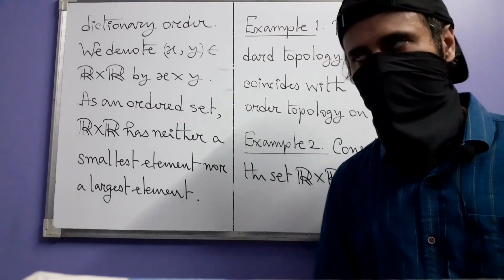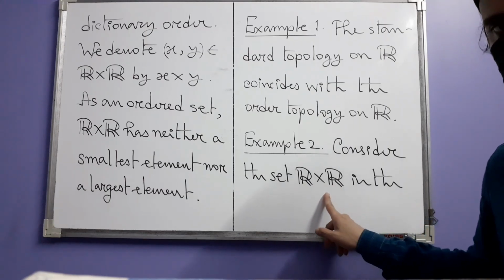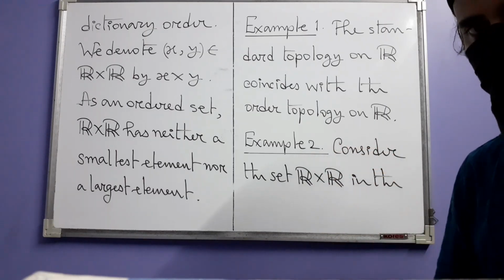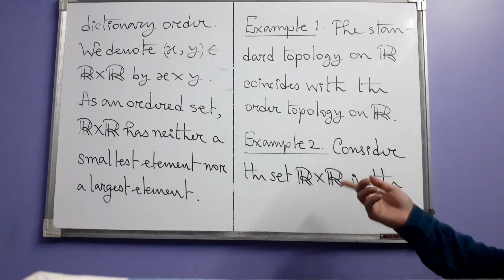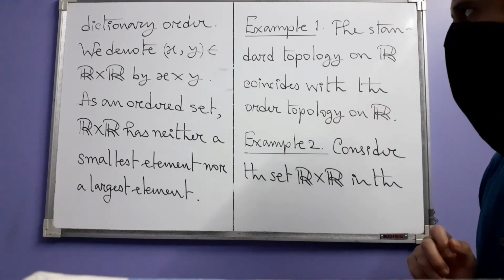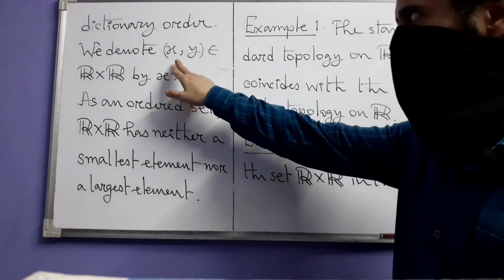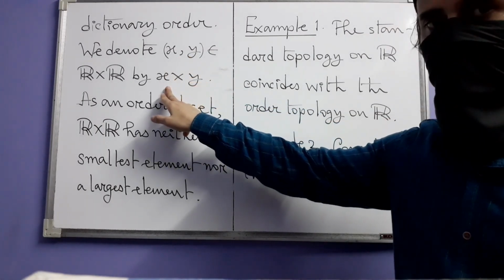In example 2, we consider the Cartesian product of R with itself, that means two copies of R, and we are considering this set with a dictionary order. That makes it an ordered set. Now before we say something else, let us change the notation from this to this.